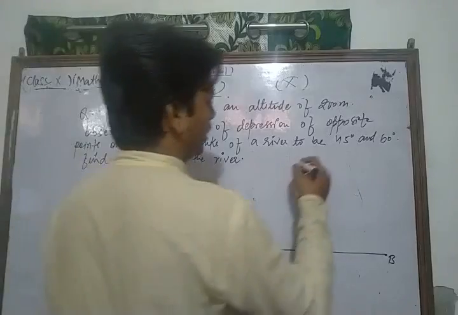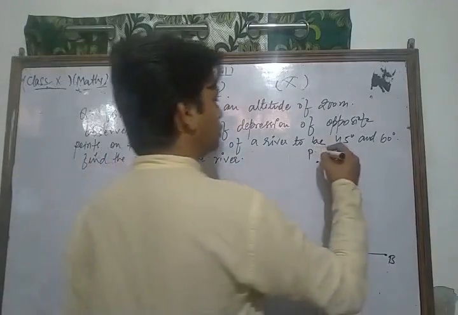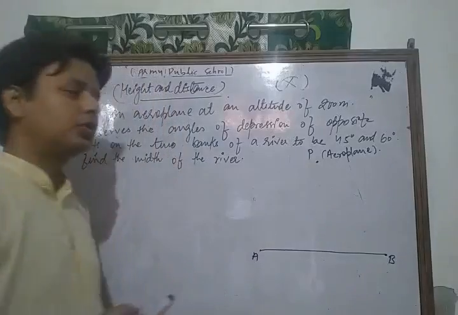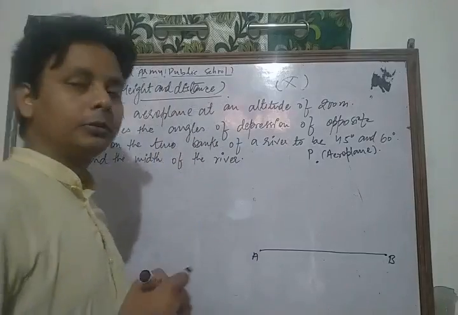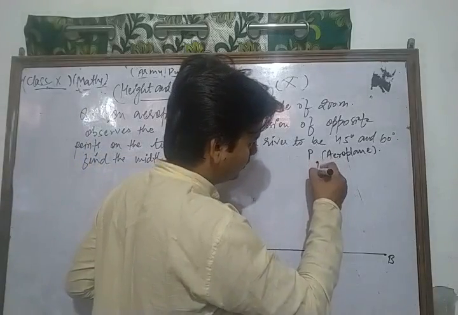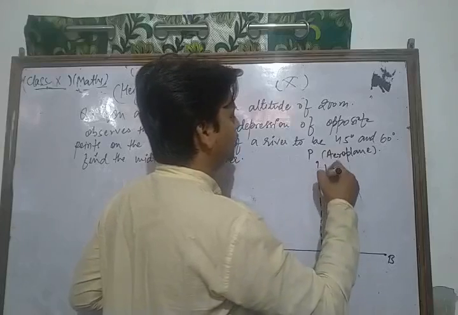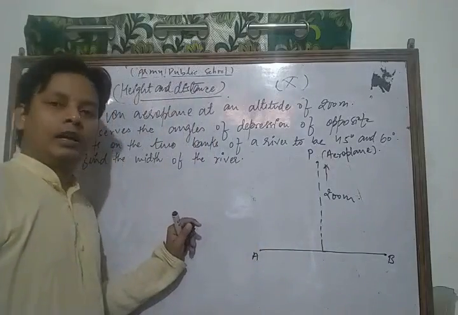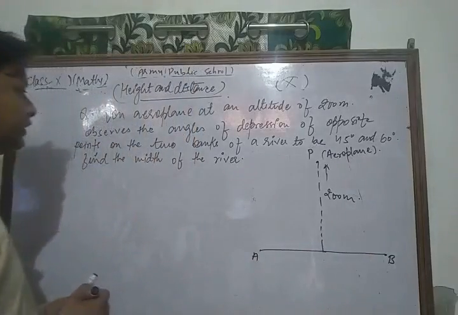Suppose P is the position of the aeroplane. The aeroplane is at an altitude of 200 meters, which is the perpendicular height from the surface, so this is 200 meters.